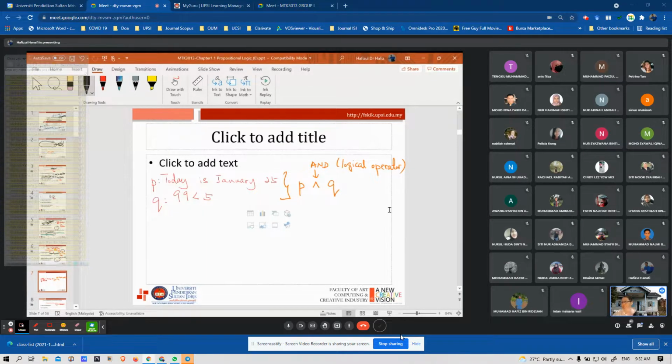We have perwakilan, denotation. We denotes the alphabet P and Q. Okay, P and Q. Both. This one is compound. This one first sentence. This one second sentence. And then the value false lah.